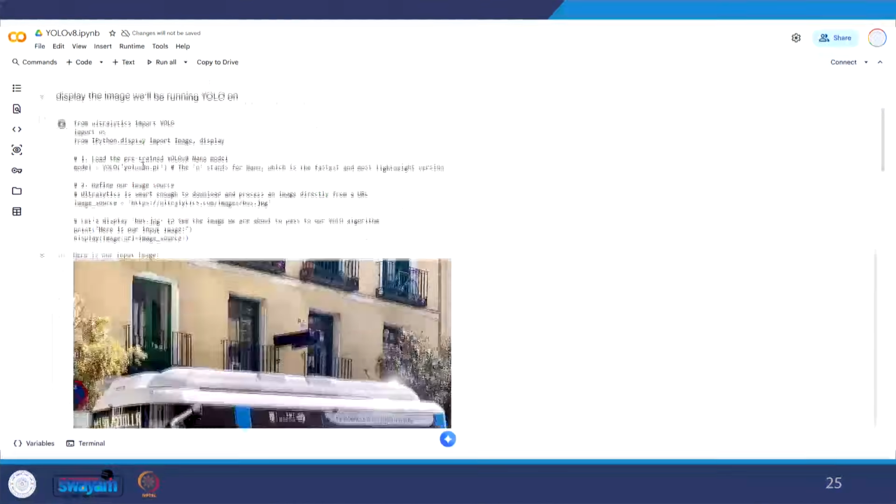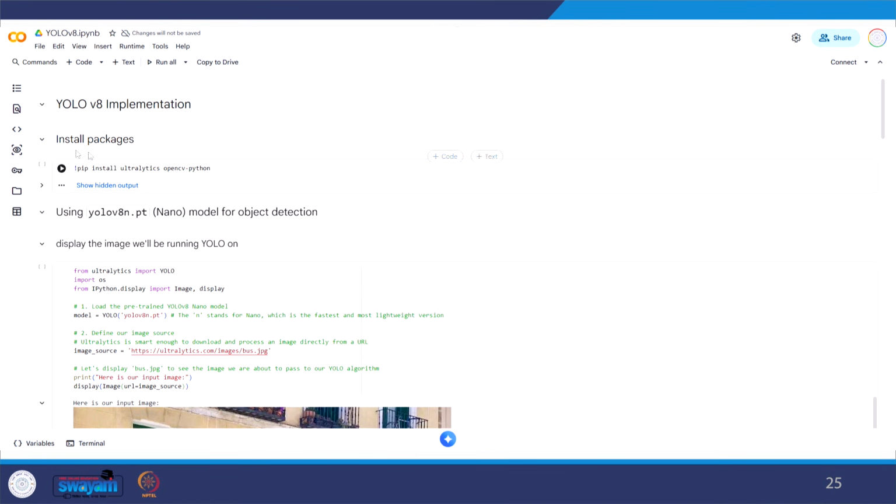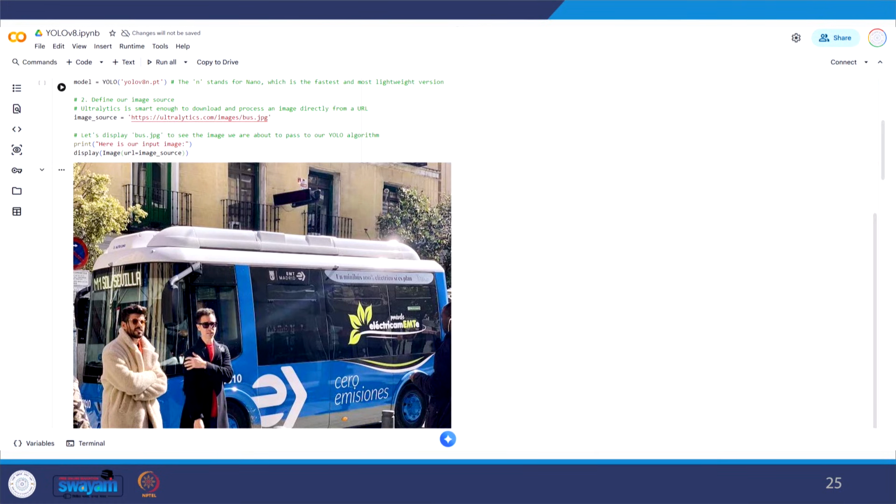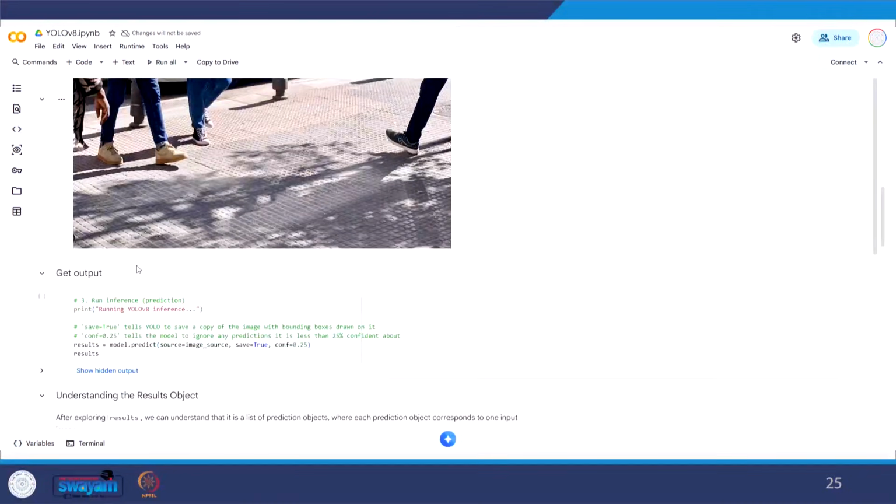You see, this is the input image. We have YOLOv8, which I have opened in Colab. In this image, say I want to identify this bus, the person, and this stop sign. All this we can do.